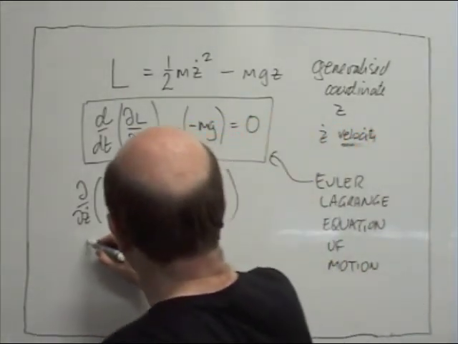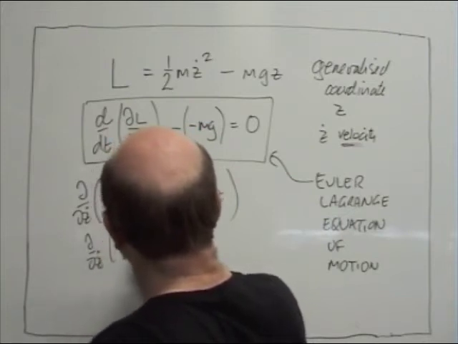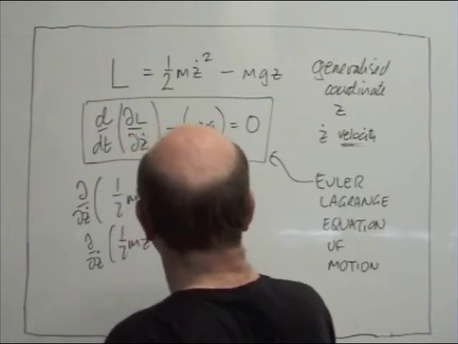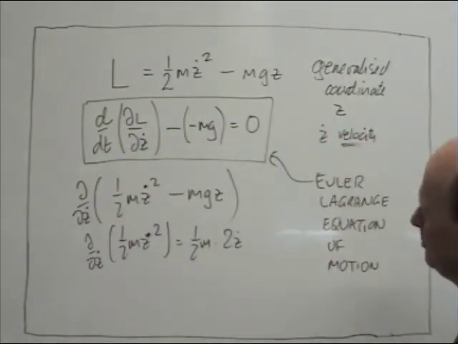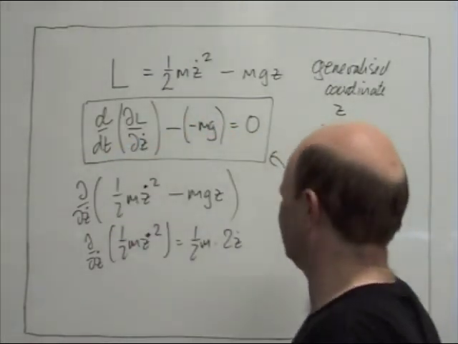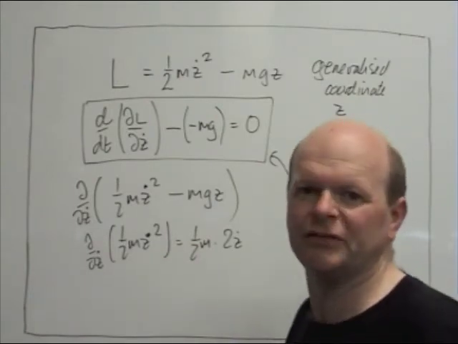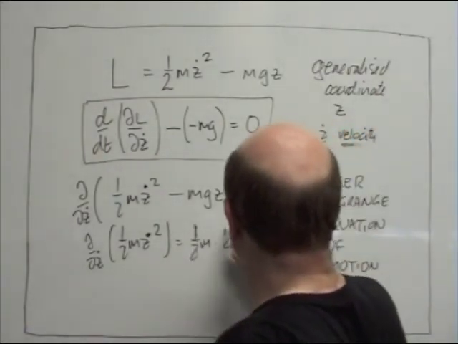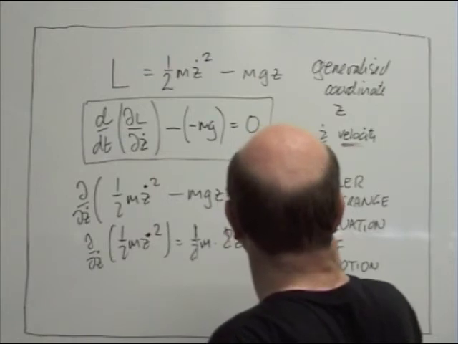So you have partial with respect to z dot of 1/2 m z dot squared, which is 1/2 m times 2 z dot, because partial with respect to z dot of z dot squared is 2 times z dot to the first power. It's the ordinary way of differentiating polynomials that we're doing. And then the half and the 2 cancel, so you get m times z dot.